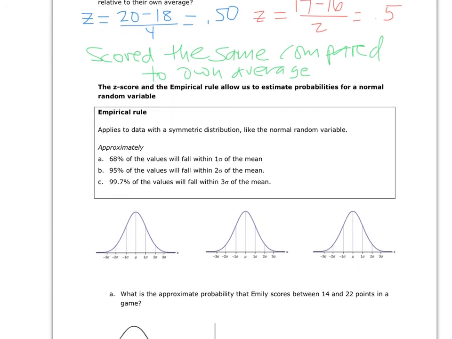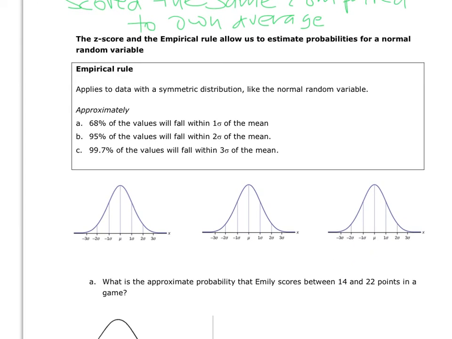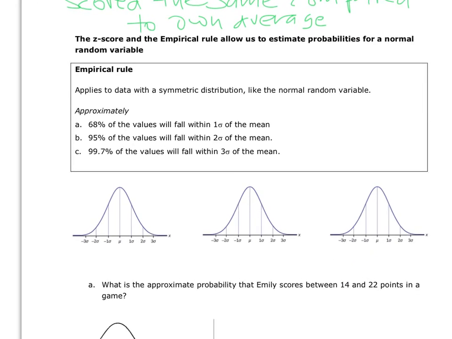Now let's talk about this empirical rule. If we have a z-score and we know this empirical rule, we're going to be able to estimate probabilities for a normal random variable. The empirical rule actually applies to any distribution that's symmetric, not just normal. What it says is that approximately 68% of the values will fall within one standard deviation of the mean.